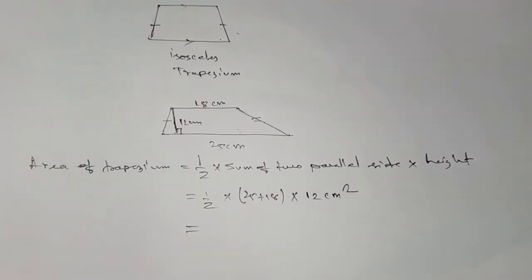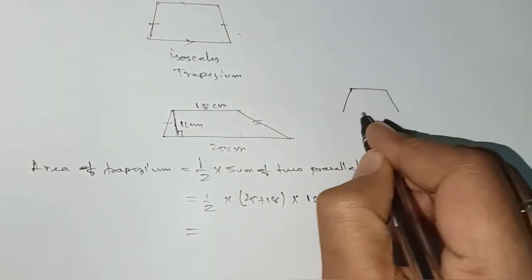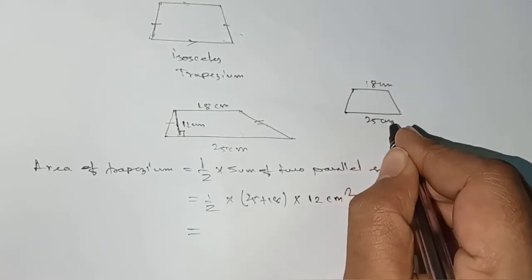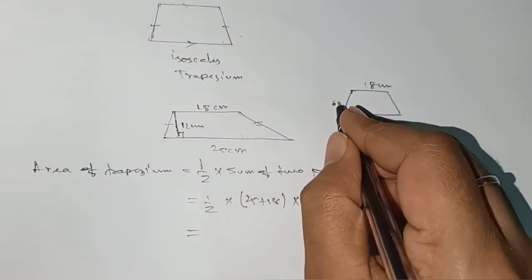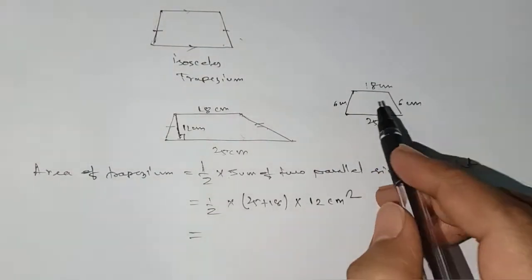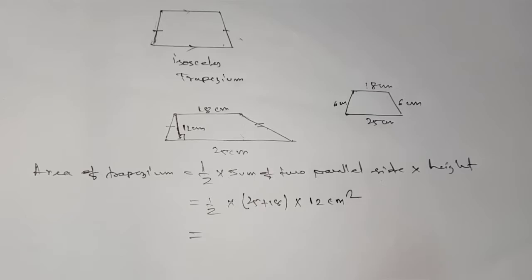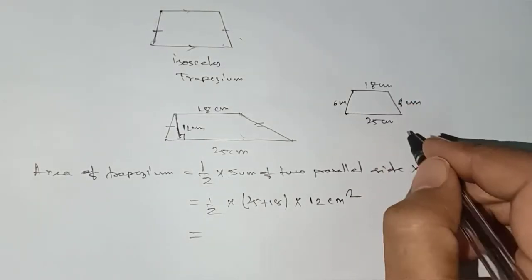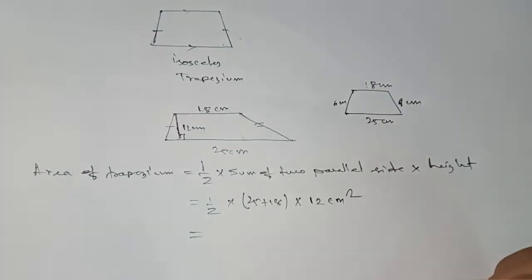Say the two non-parallel sides are 18 and 25 only, we may get 6 centimeter like that. One question is this isosceles trapezium. Or another question you may get, maybe it will be 8 centimeter, quite lengthy, not isosceles trapezium but general trapezium. So how are we going to find it? We'll see both one by one.